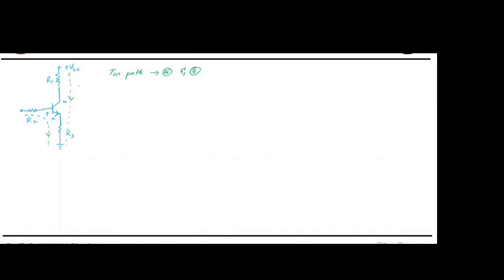Now I will call this one part A. Let me redraw it here, and I will try to simplify this circuit. So the circuit looks like this: plus VCC, R1 and R3.